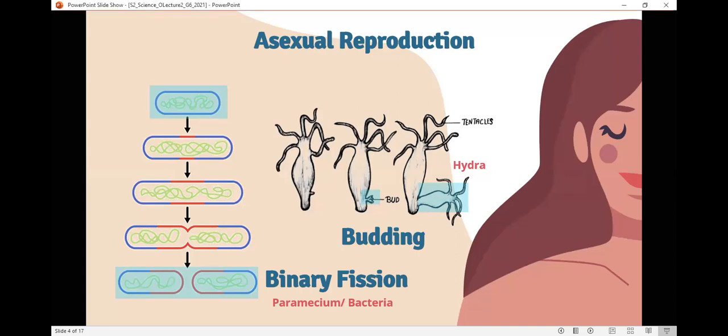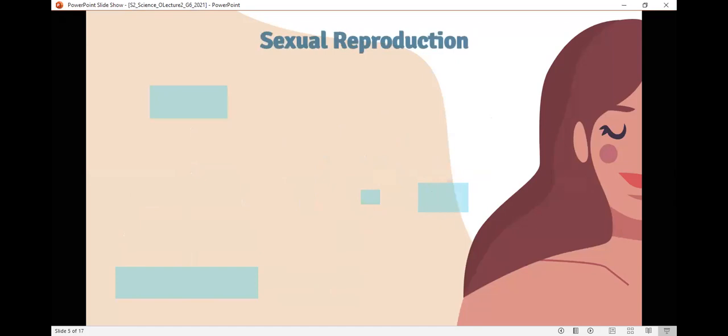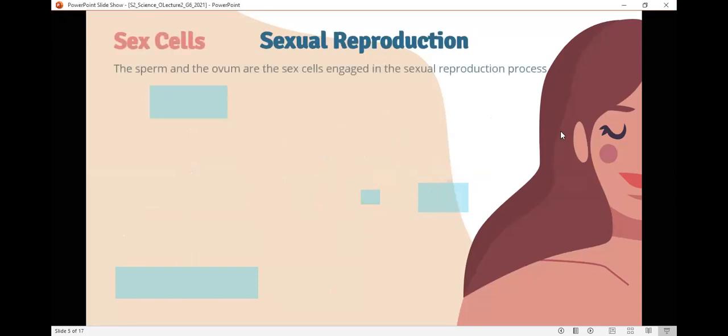This is all about asexual reproduction. Now we'll talk about sexual reproduction. In the previous lessons, we talked about sexual reproduction in mammals, birds, and insects.